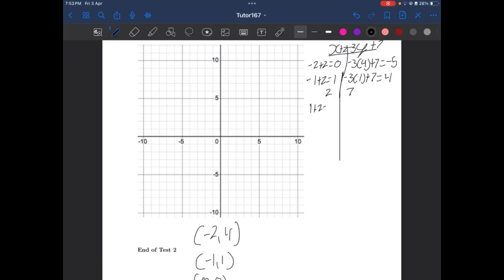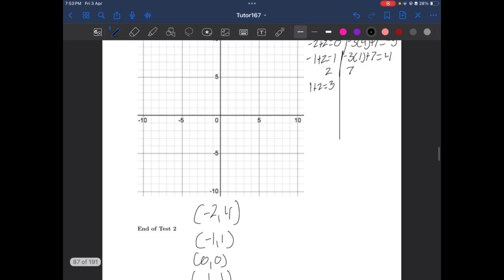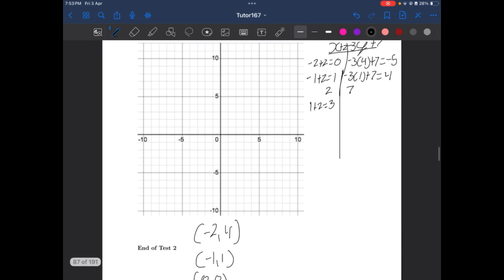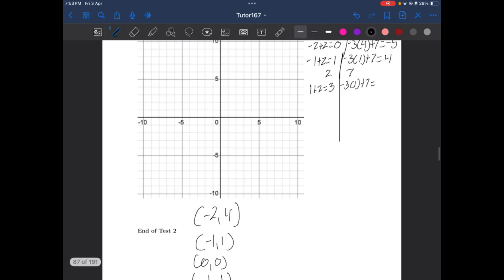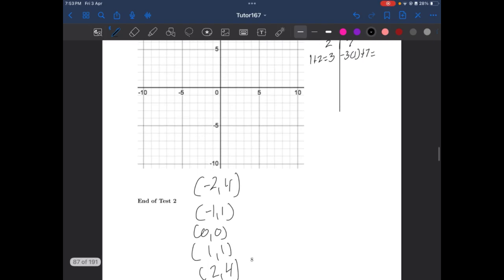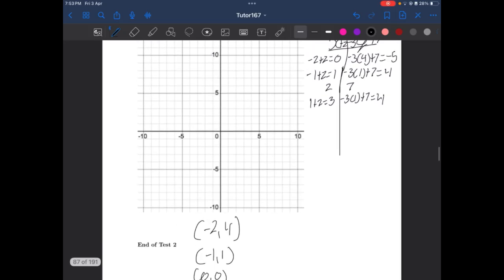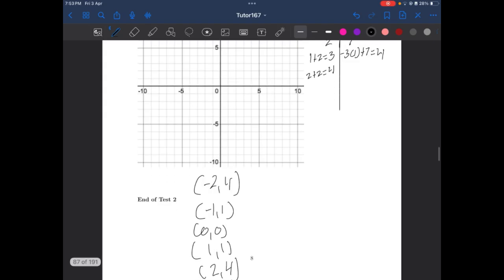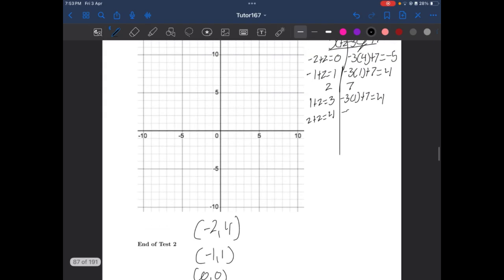Then 1 plus 2, that's just 3. Then negative 3 times 1 plus 7, that's negative 3 plus 7, which is 4. Last one, that's 2, 4, so that's 2 plus 2, which is 4, and then negative 3 times 4 plus 7, that's negative 12 plus 7, which is negative 5.